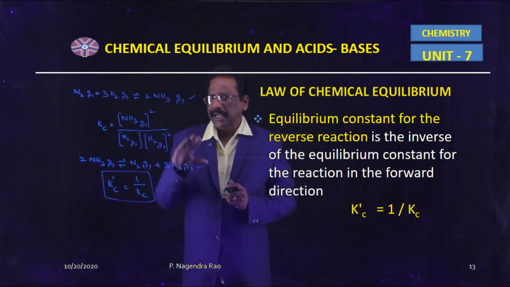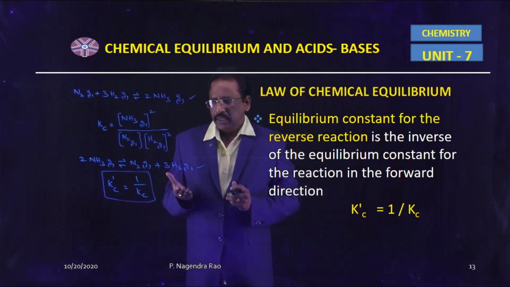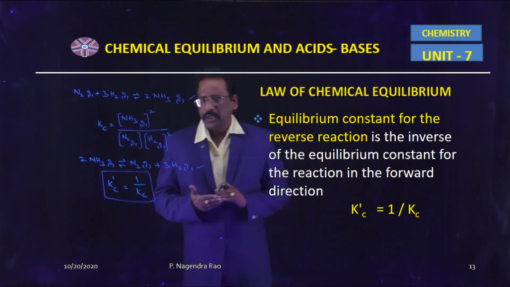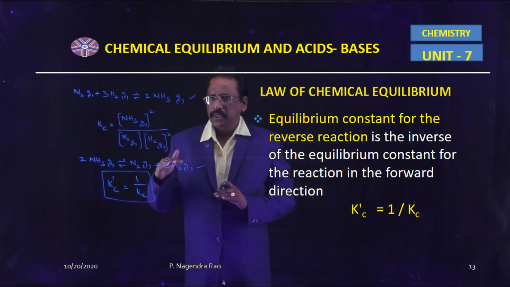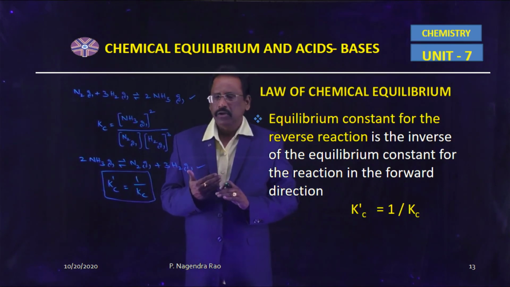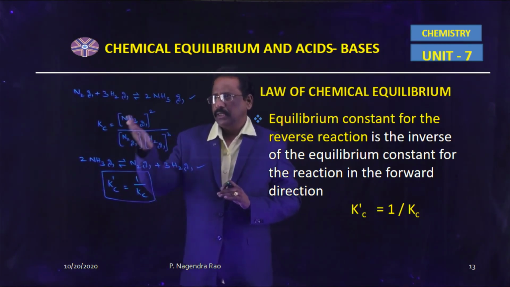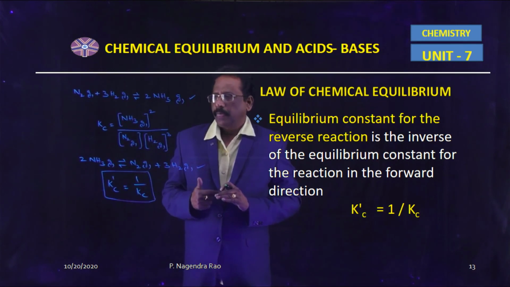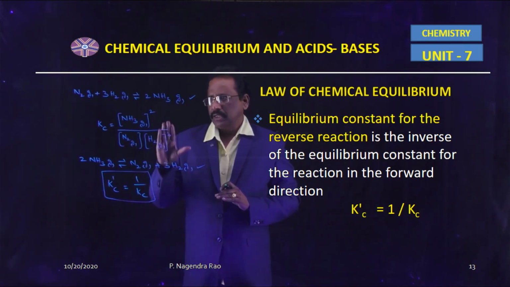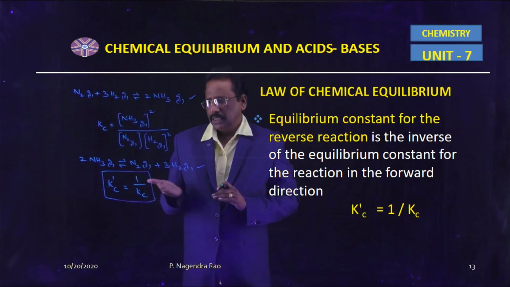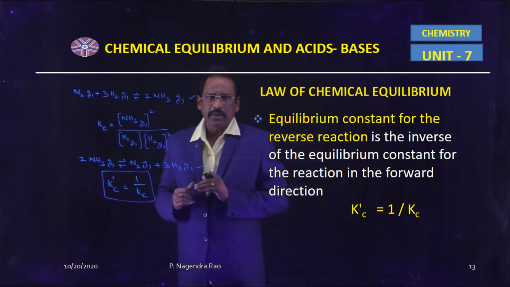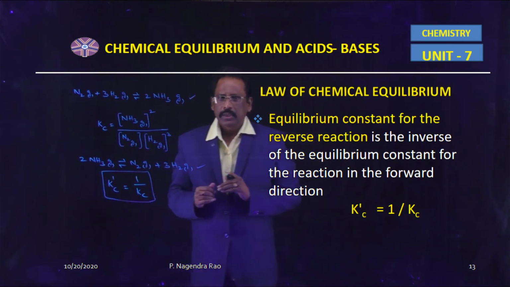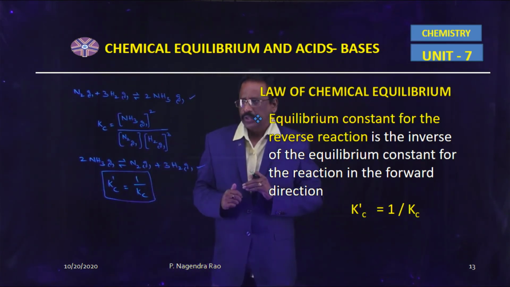If the original reaction is reversed, then for that reverse reaction the equilibrium constant is equal to the inverse of the chemical equilibrium constant. Actually this is the Kc value, and if this reaction is reversed, automatically for that reaction the equilibrium constant is equal to 1 by Kc.